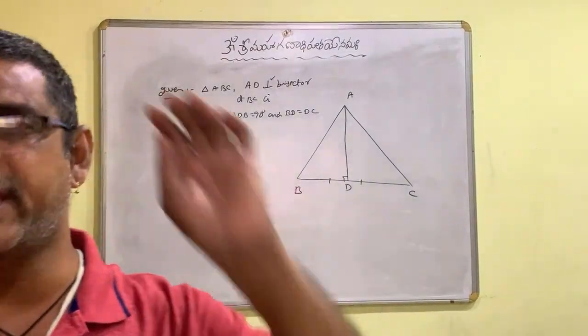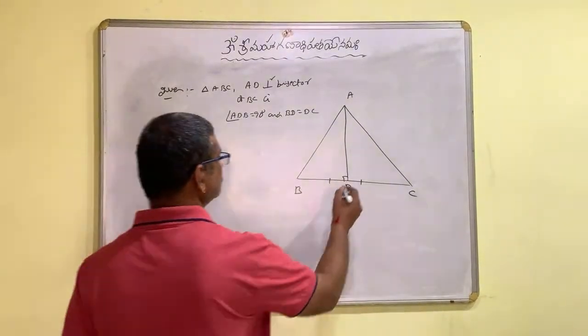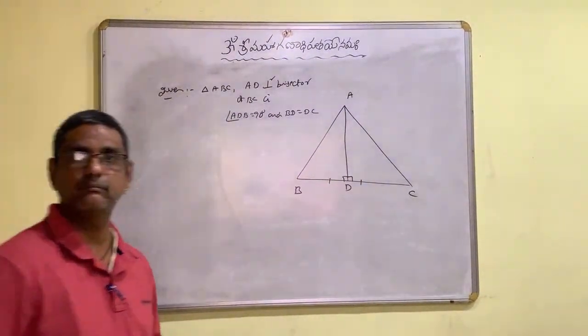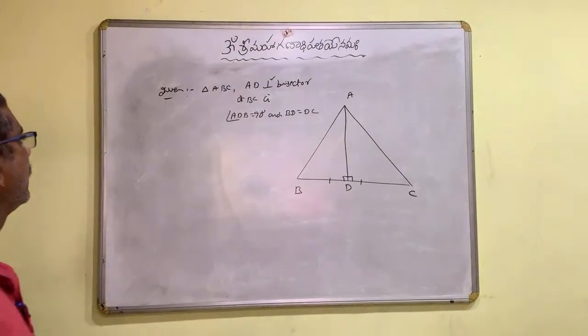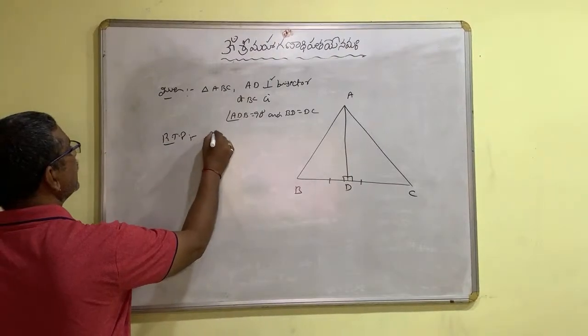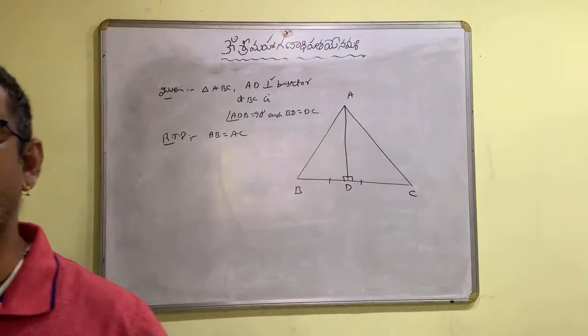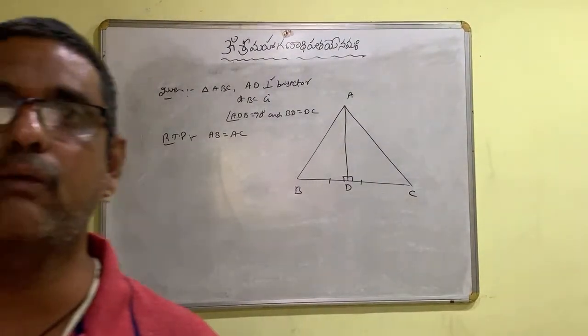That is given. Required to prove: AB is equal to AC.